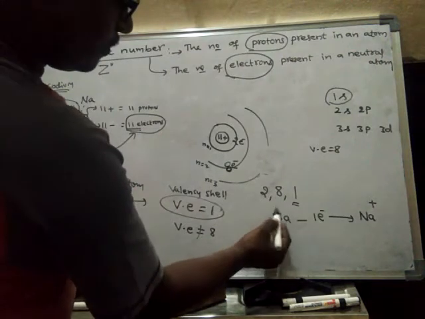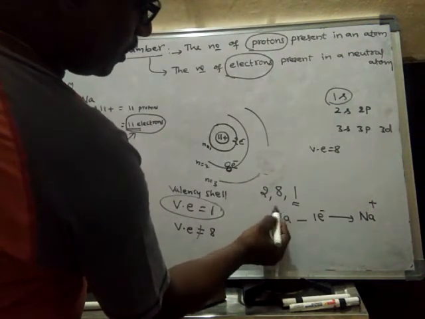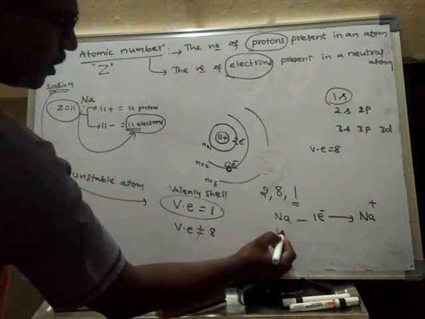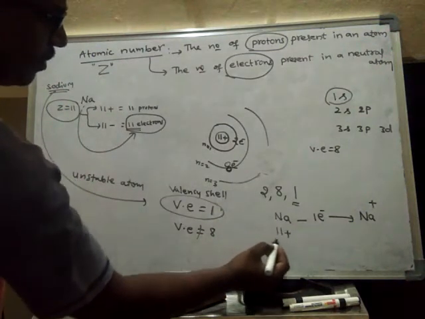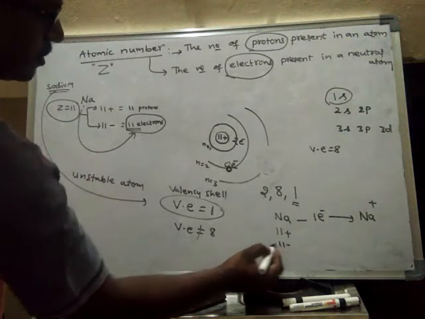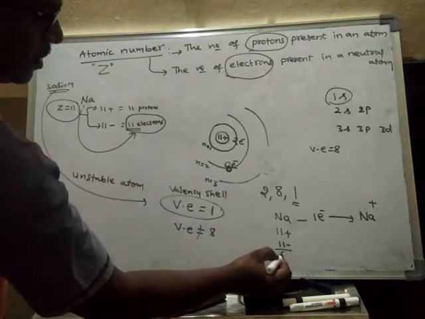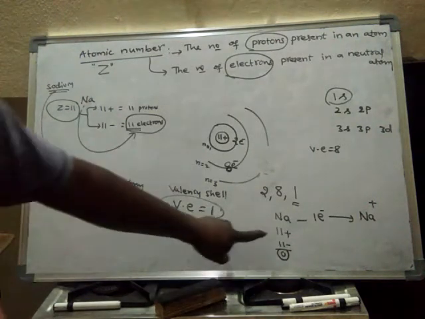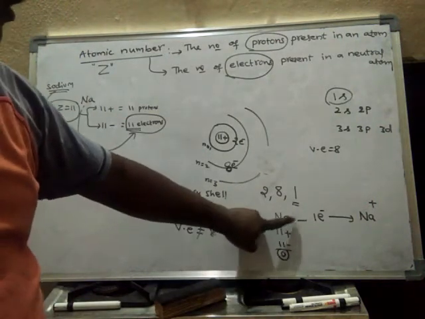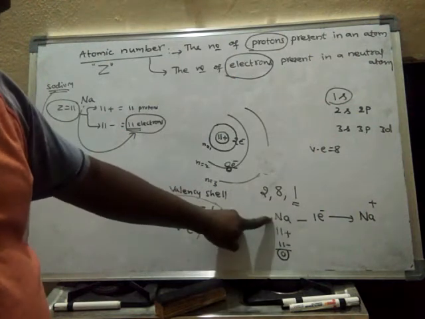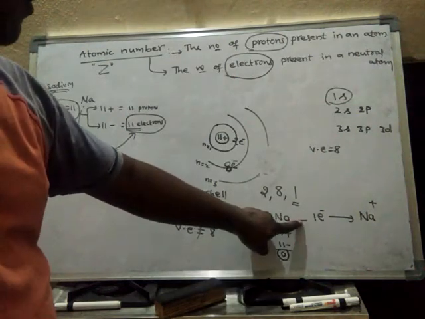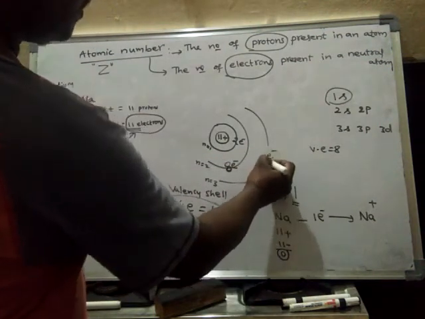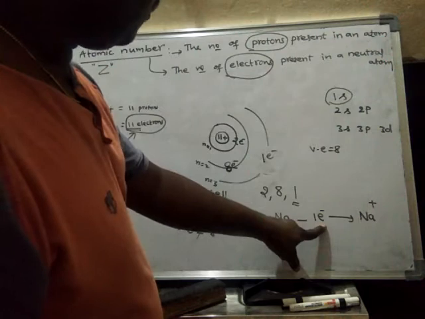This sodium atom is electrically neutral, so it contains 11 protons, that means 11 positive charges and 11 negative charges. What is the overall charge on it? 0. The overall charge is 0, hence it is said to be electrically neutral. If this sodium atom loses 1 electron, what happens?